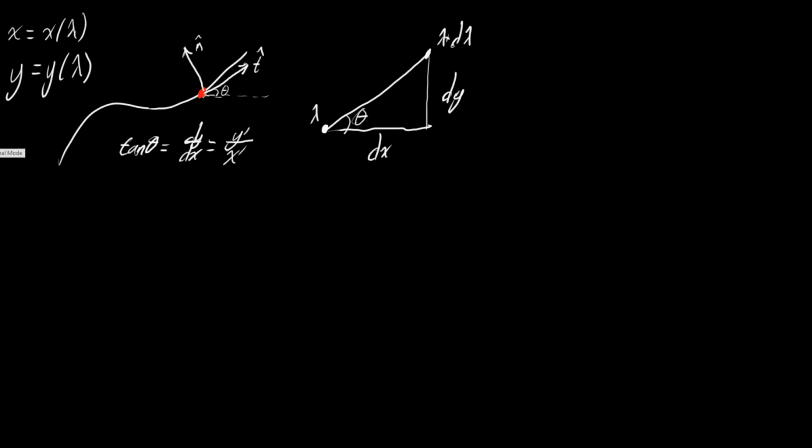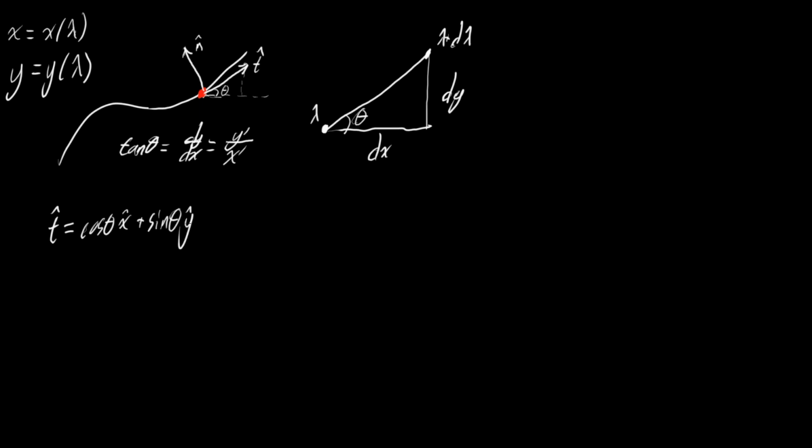Alrighty. So now let's try to describe this t hat in terms of this angle theta. So you can see here, it's pretty clear that we can write it like this. So if we consider the cosine of theta, it contains exactly cosine theta of the x hat and sine theta of the y hat.